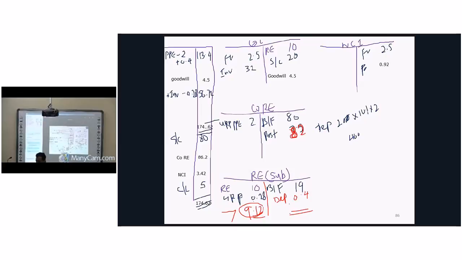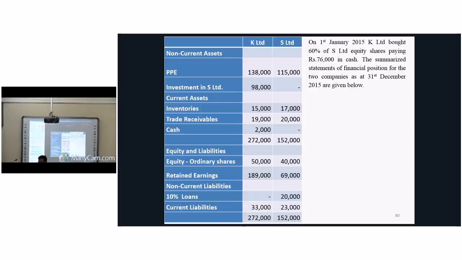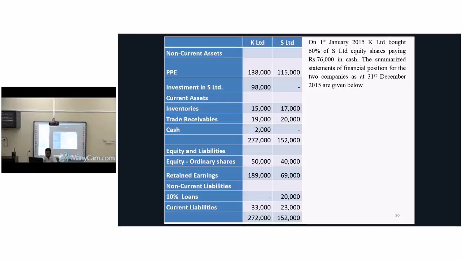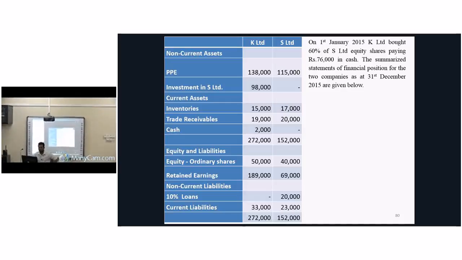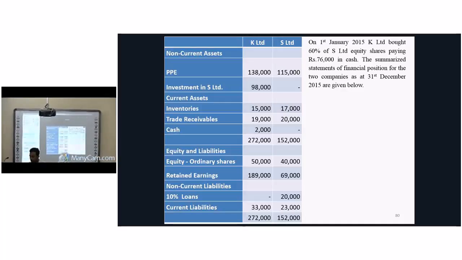And we'll do only one more question for the balance sheet. A little bit big, but let's try for this. Then we can complete the balance sheet part. Right, let's read the question first.